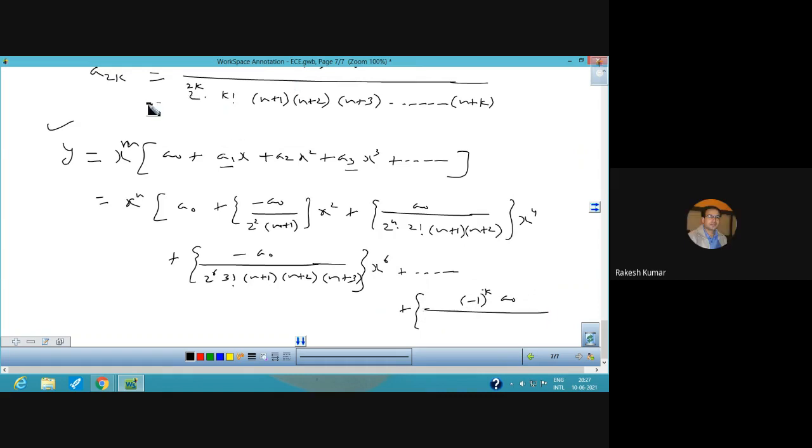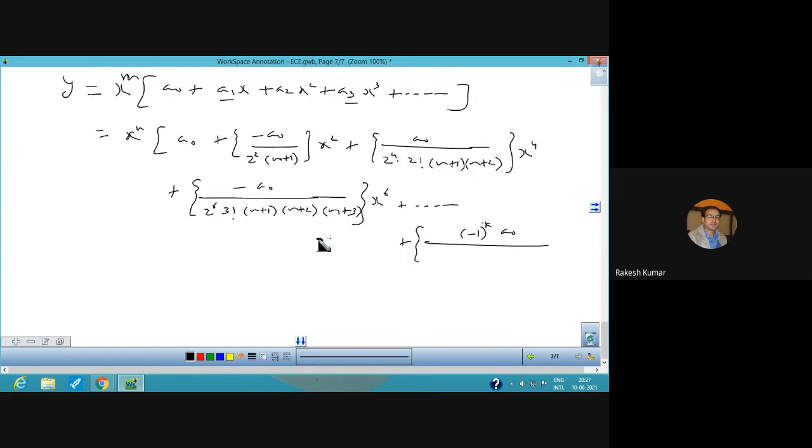This we have just written for even terms. So use this value here, that is 2 raised to power 2k, k factorial, n plus 1, n plus 2 and so on up to n plus k, together with x raised to power 2k, and so on. Close the bracket.